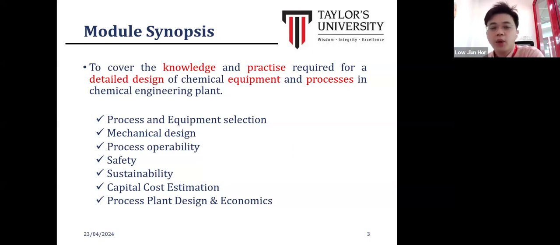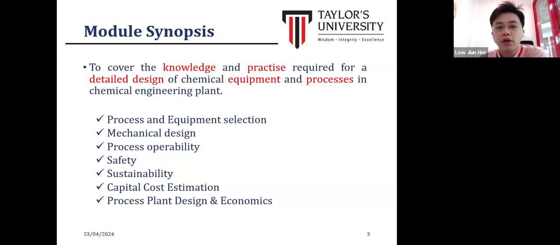Not only will I guide you how to combine and integrate this knowledge, but also how to select suitable equipment, how to come up with a mechanical design for the equipment that you select, and how we can make sure the process can be operated safely.